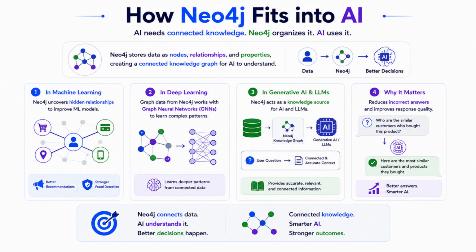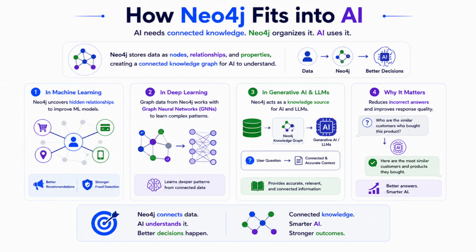Now, let us see how Neo4j fits into AI. Artificial intelligence needs connected knowledge to make better decisions. Neo4j helps organize that knowledge in a way that AI systems can easily understand. In machine learning, Neo4j helps uncover hidden relationships that improve recommendation systems and fraud detection models.